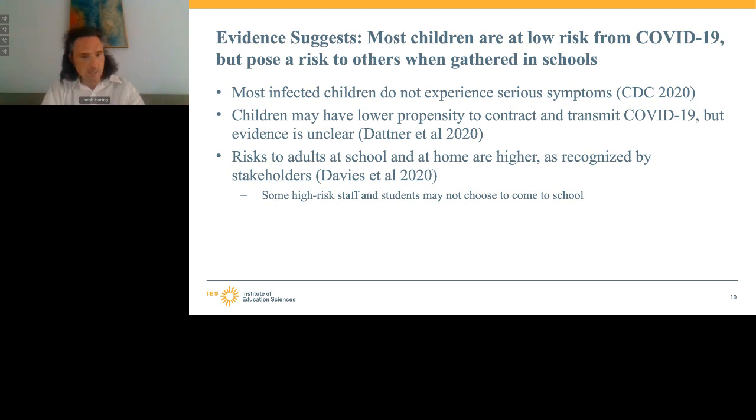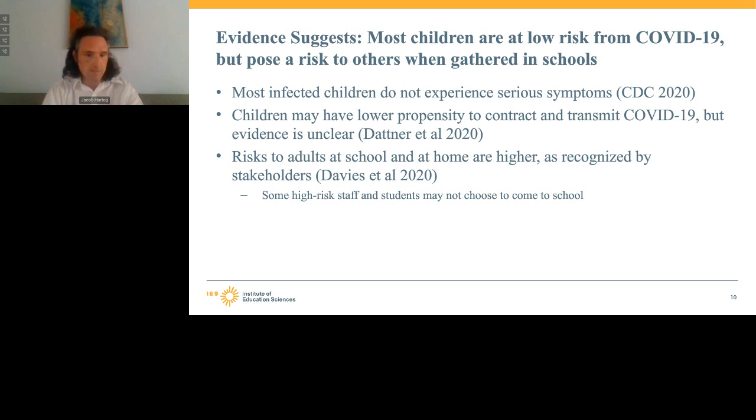From current epidemiological research, it appears that children do have a lower propensity to contract COVID-19, perhaps on the order of 1/2 as likely as adults to be infected, and perhaps a slightly lower propensity to transmit COVID-19. But this evidence is unclear and still somewhat controversial.